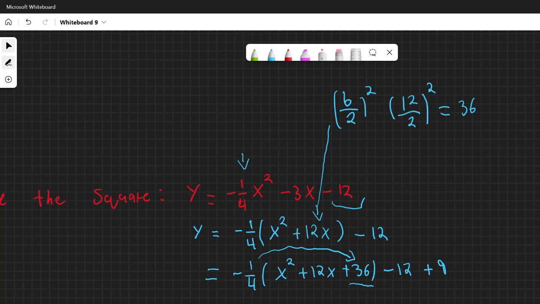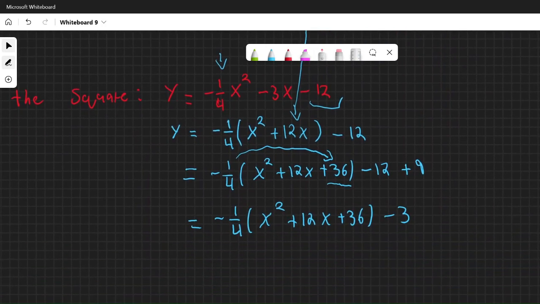So now we simplify this a little bit more. So we have negative 1 over 4 x squared plus 12x plus 36, minus 3. Now the final step, what we do is we factor it into a perfect square.